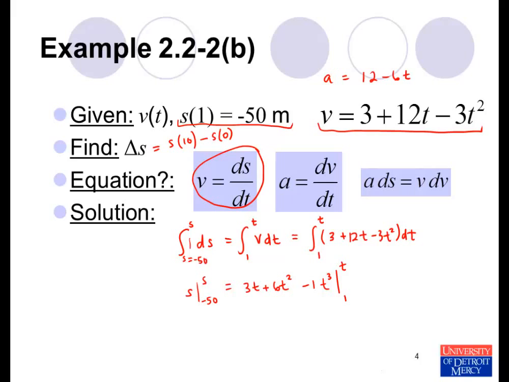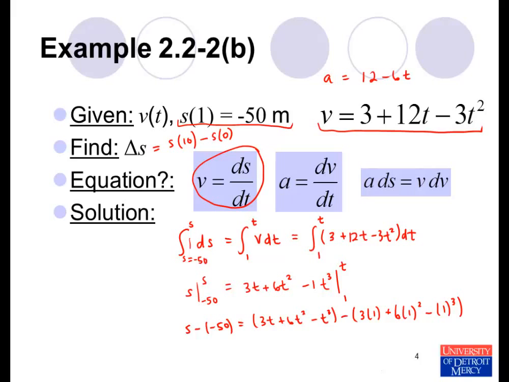Then we plug in our limits. So we get s minus negative 50. On the right-hand side, we plug in t, which just gives us the same expression, 3t plus 6t squared minus t cubed. And then we subtract the expression evaluated at 1: 3 times 1 plus 6 times 1 squared minus 1 cubed.